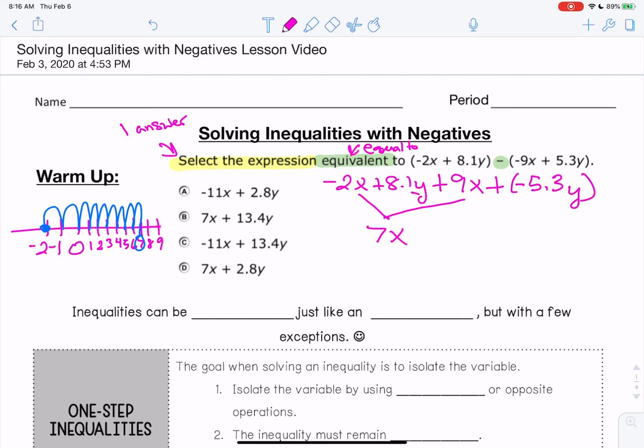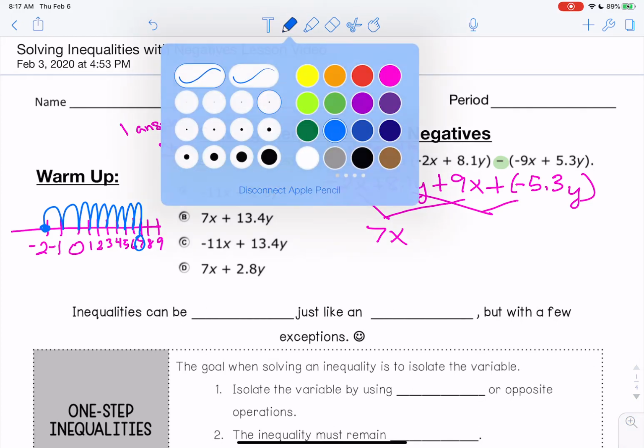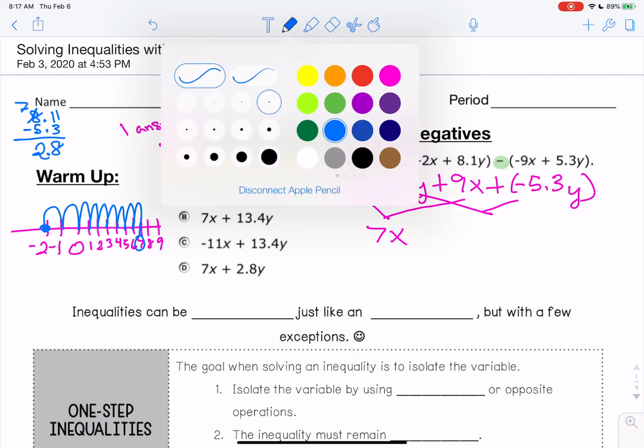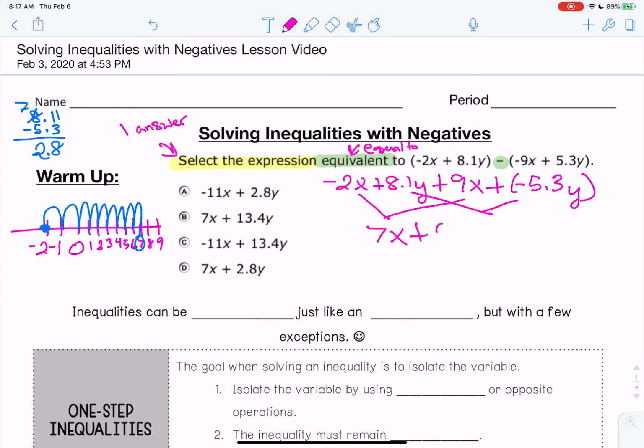Now I have 8.1 and negative 5.3. So let's do that over here. I have 8.1 and I'm subtracting 5.3. I need to borrow from the 8 and that becomes a 7. The 1 now becomes an 11. 11 minus 3 is 8. 7 minus 5 is 2, and I get plus 2.8y.